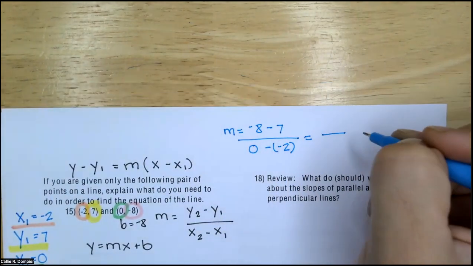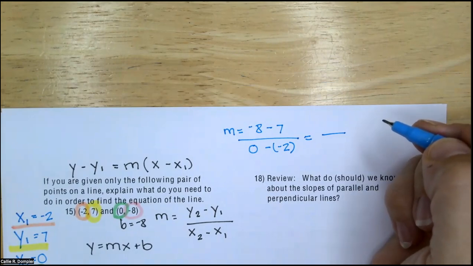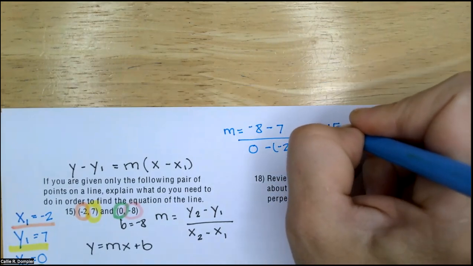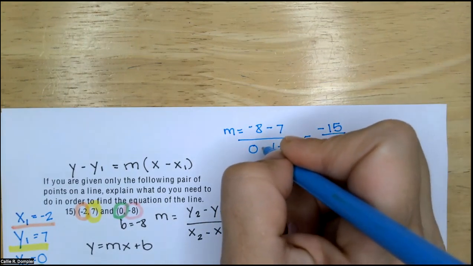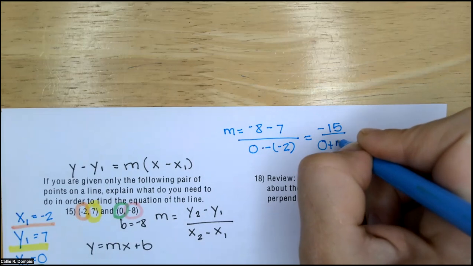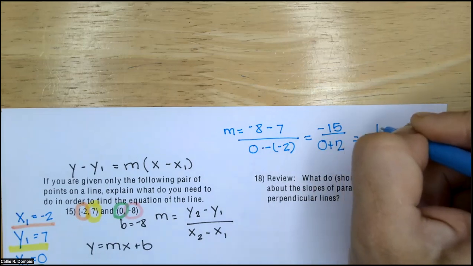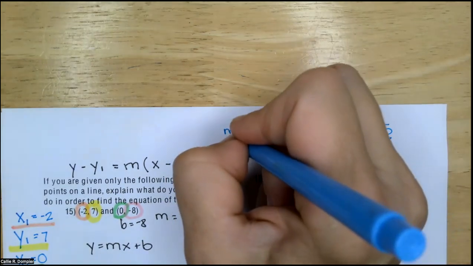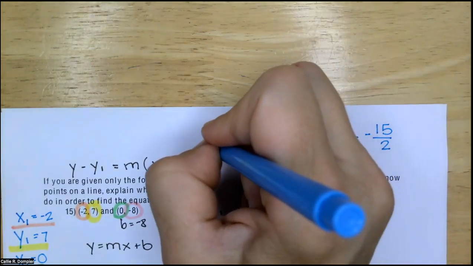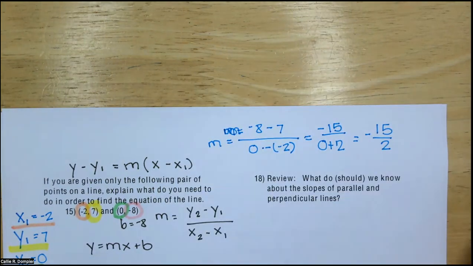-8 minus 7, 8 and 7, you can add them together and you get 15, but they're both negative, so it's a -15. 0 minus a -2, remember minus -2 is +2. So we have -15 halves as our slope. So we used our slope formula to find our slope.